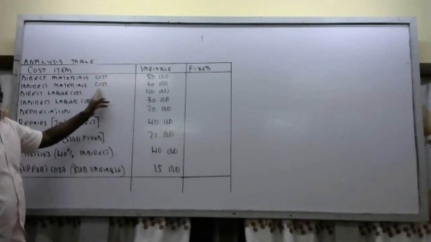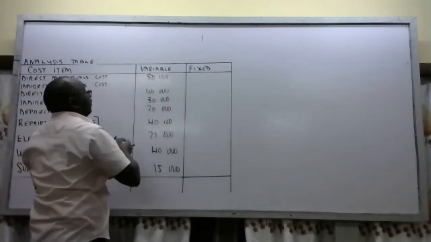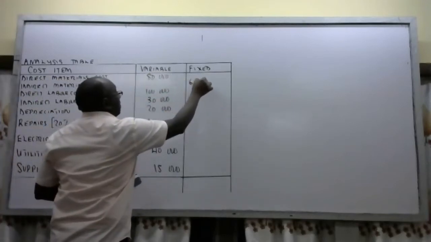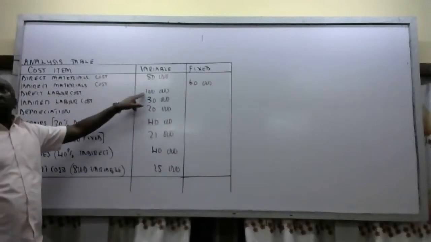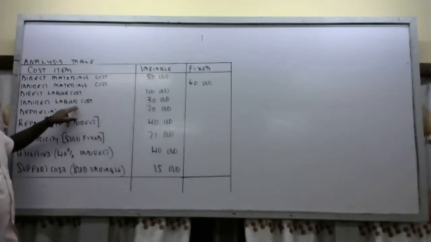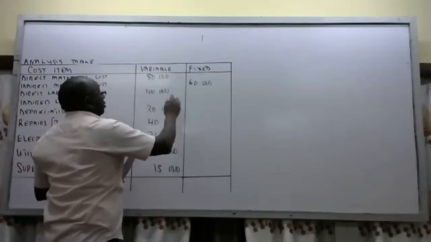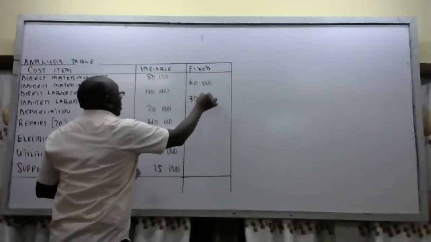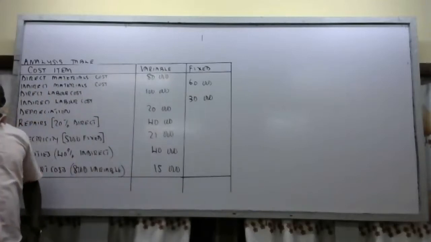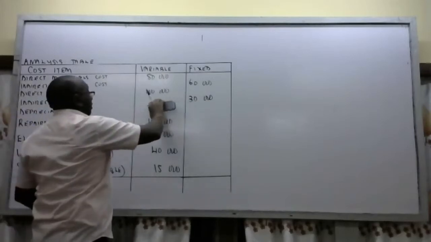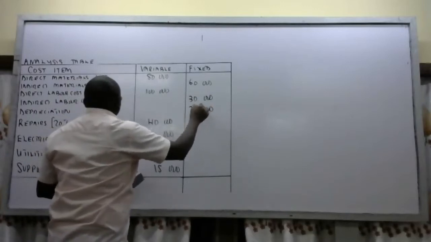Indirect material, it is fixed. So this one now should be put in the column of the fixed here, 60,000. The same case with direct labor, that is variable. Indirect labor is fixed. And then depreciation, is it a fixed cost or variable cost? Fixed. Depreciation is a fixed cost. So that one should be classified here.